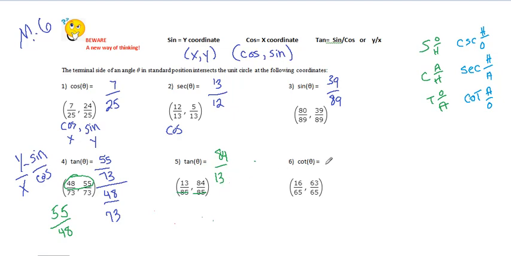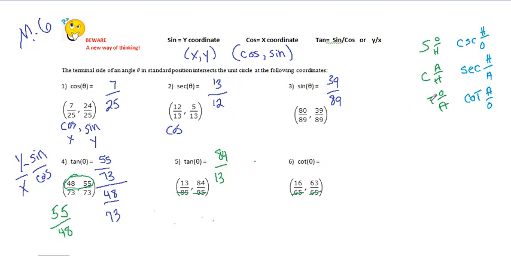Now the cotangent is going to be the same way. So these denominators still cancel out. And that little trick only works if they're the same. If they're not the same, you have to end up doing the math. The cotangent is actually the reciprocal of tangent.